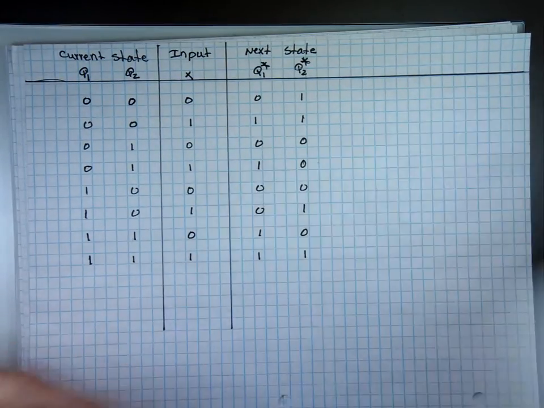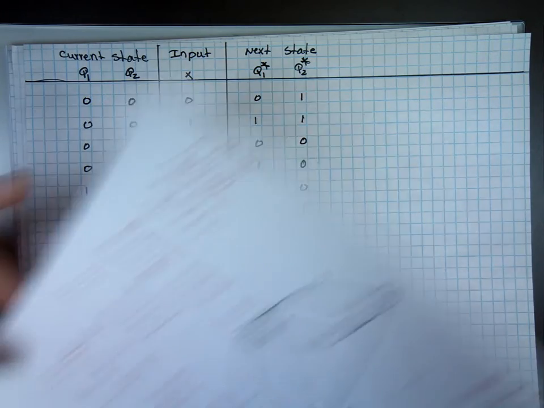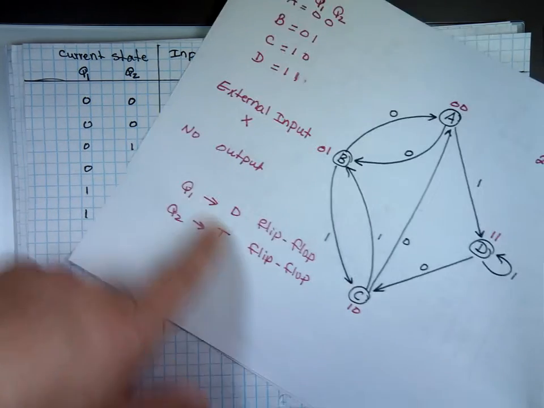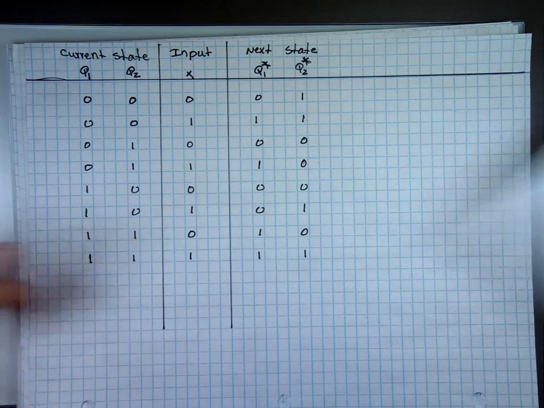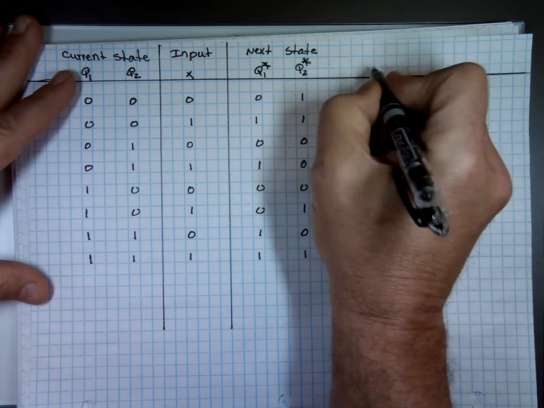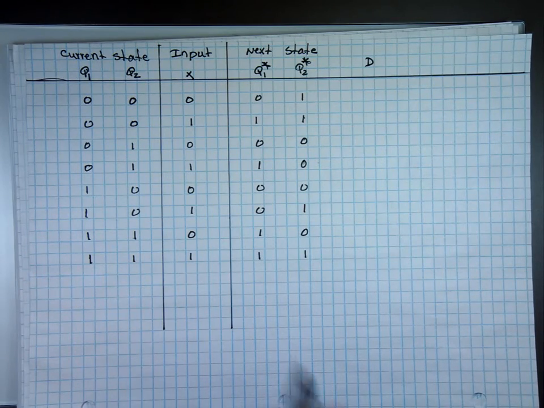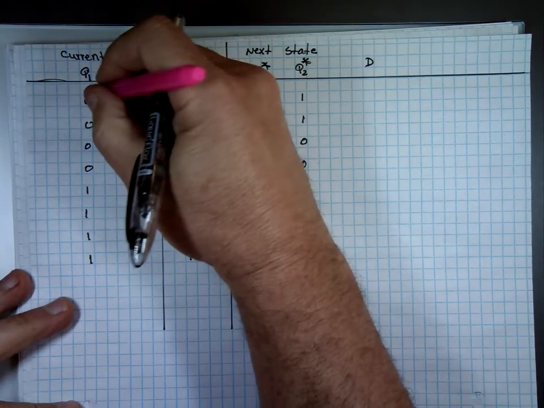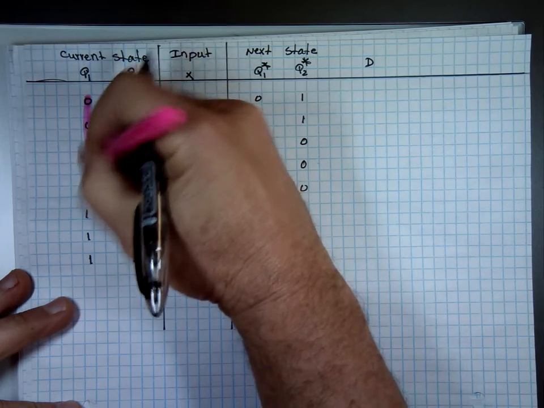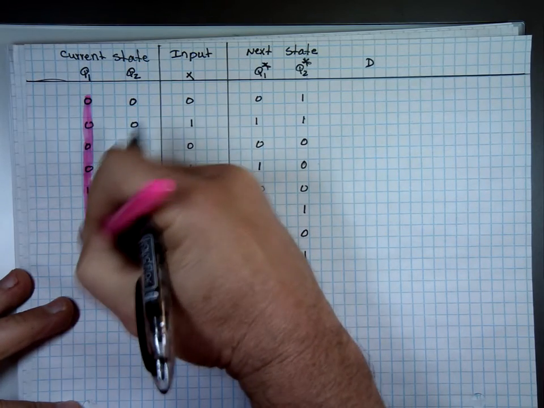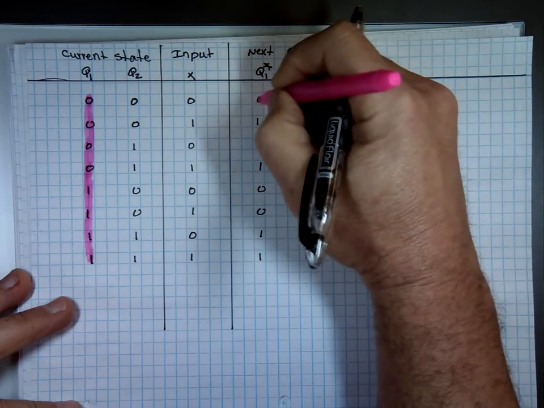Now, did we decide which flip-flop? Q1 is the D flip-flop, right? And Q2 is the T. So, here we go, the D flip-flop. I took Robbie's color markers. I'm going to look at Q1. That's why I want the color, so I can look and see. That's the current state. That's the next state.